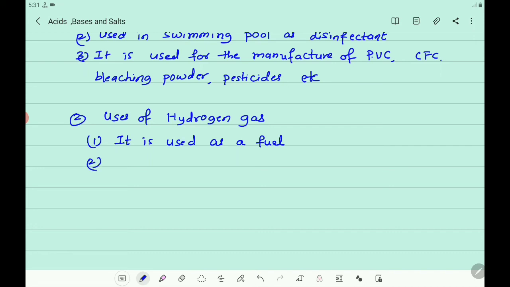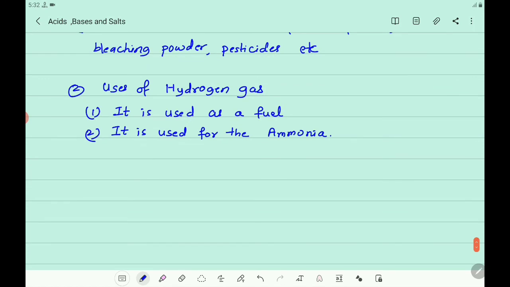It is used for the manufacture of ammonia. You know that ammonia is necessary for the plants as a fertilizer. Third one, it is used for manufacture of ghee, margarine, etc.